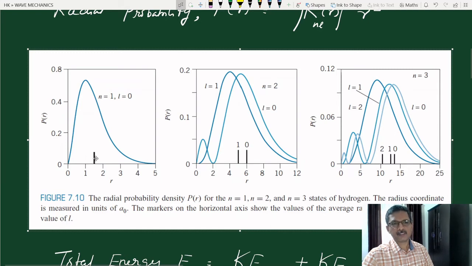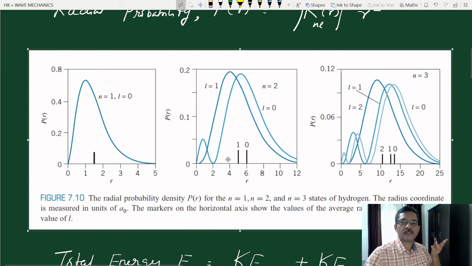So we can say that the average radial distance increases with the principal quantum number n, roughly proportional to n square a0. For 1s state it is exactly 1.5 a0.